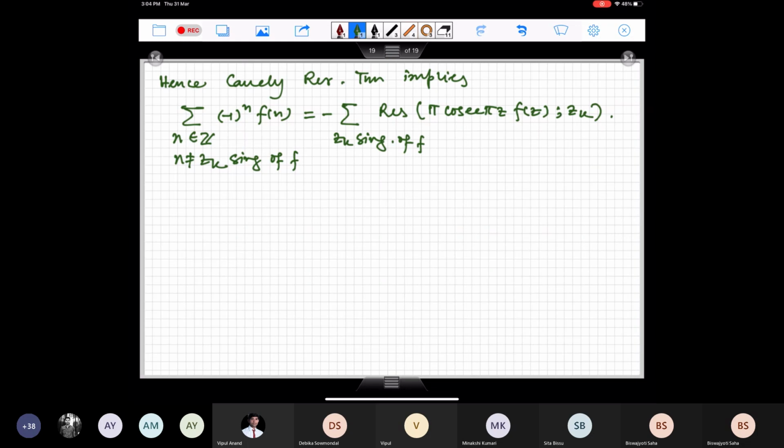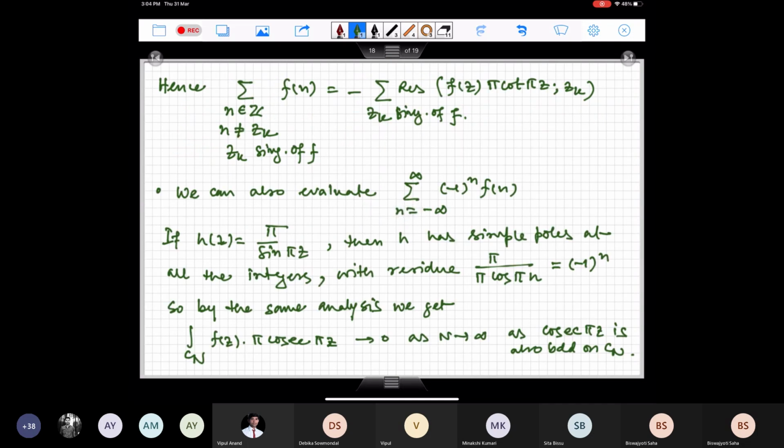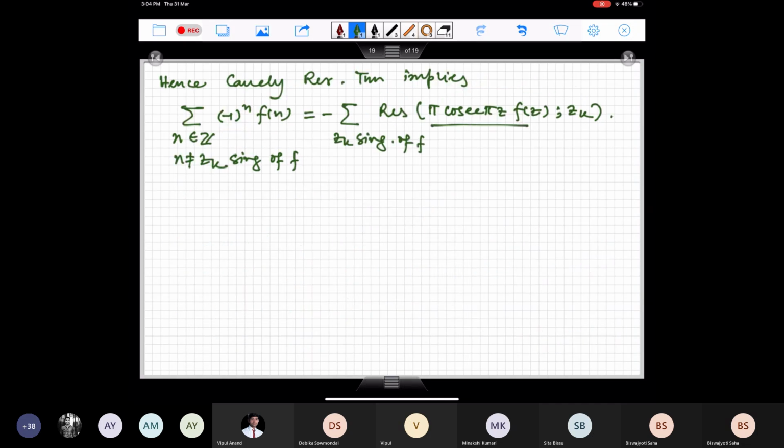To really apply these two formulas that I have stated, what is necessary is to be able to calculate these two residues: residues of f(z) into pi cot pi z and residues of f(z) into pi cosec pi z.